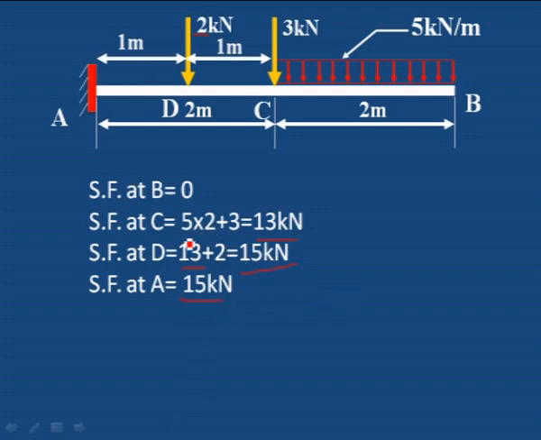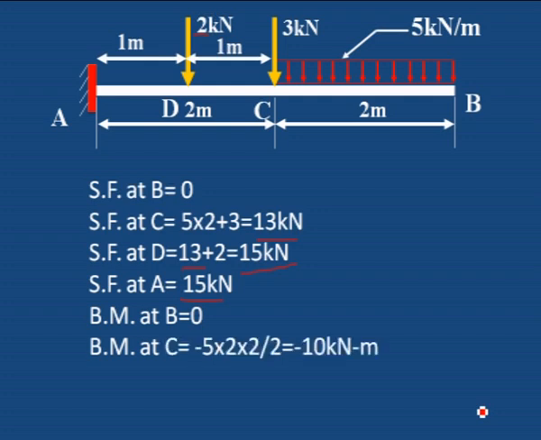That means here the uniformly distributed load is considered, plus we have added 2 kilonewton. Bending moment at B is 0. Bending moment at C, we have to take the moment 5 into 2 into 2 by 2: 5 into 2 is the load, into 2 by 2.